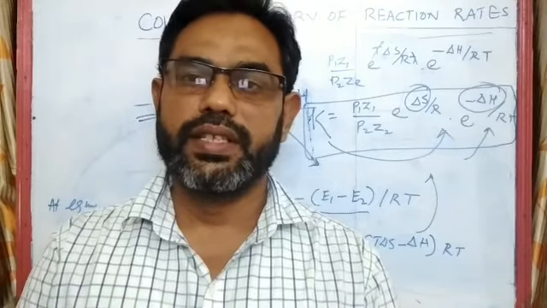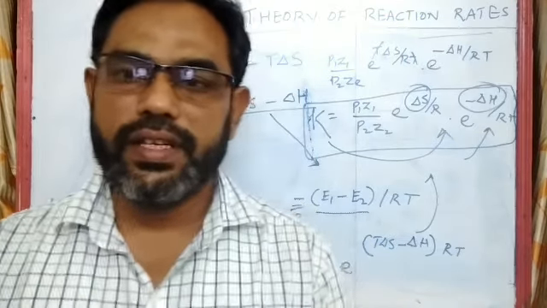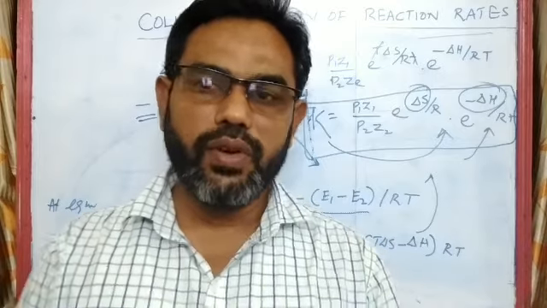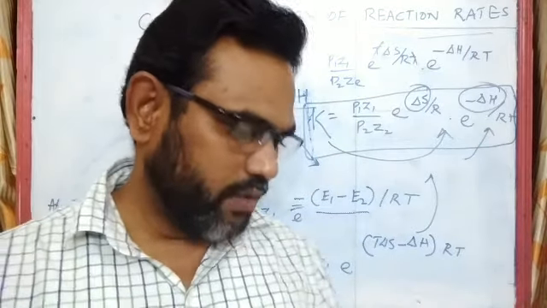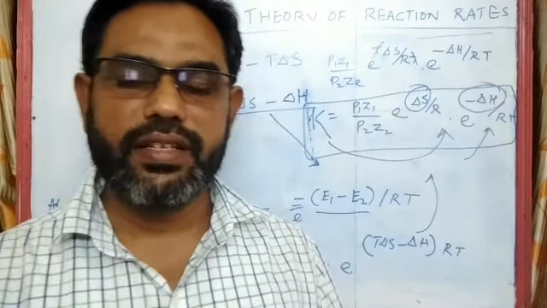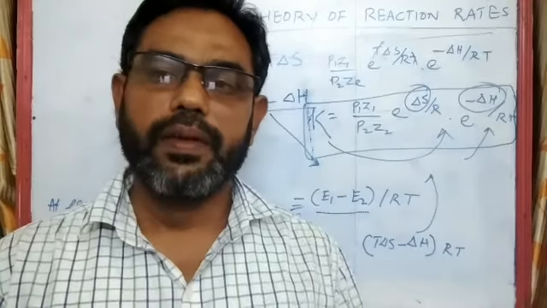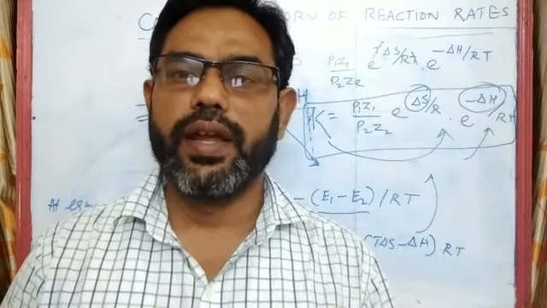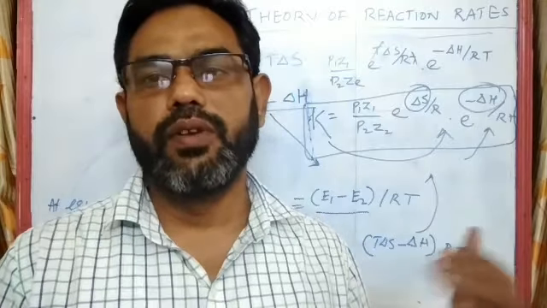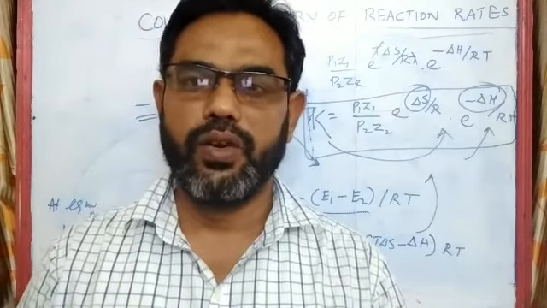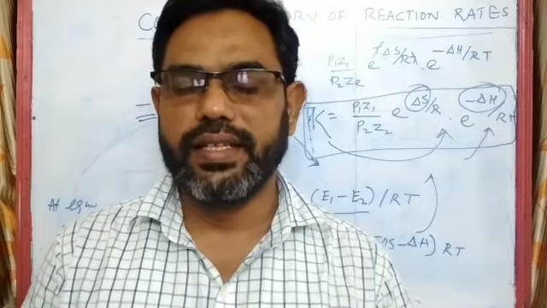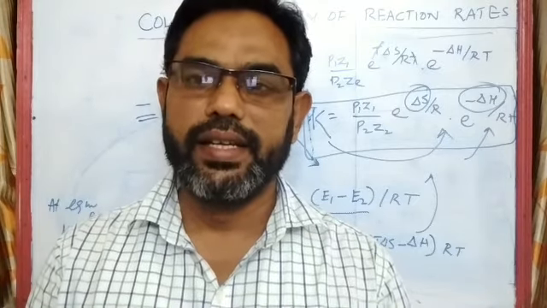So this is the weakness of the collision theory. Therefore a new theory has arrived to explain the involvement of the thermodynamic terms, enthalpy and entropy, which we call the absolute reaction rate theory, or ARRT.